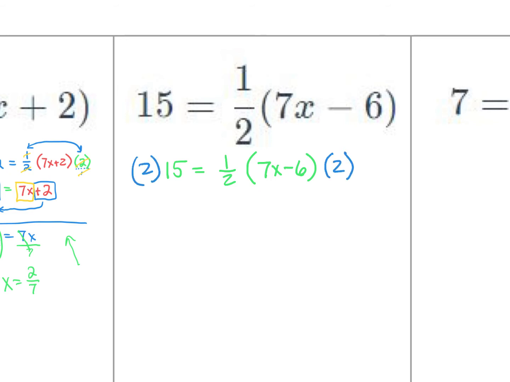The reason I'm going to do that is because this 2, when multiplied by 1/2, cancel each other out and just make 1. So they're reciprocals of each other. So they got rid of the fraction. And all that's left is this 7x minus 6. So we've got 2 times 15 is 30 equals 7x minus 6. So we were able to ditch the fractions before we used them.